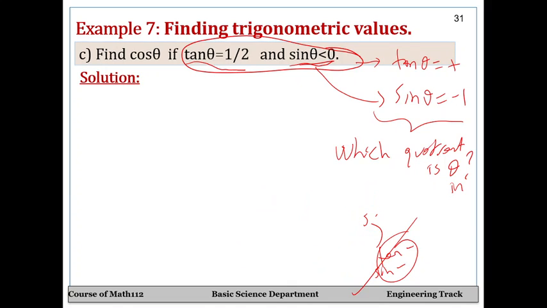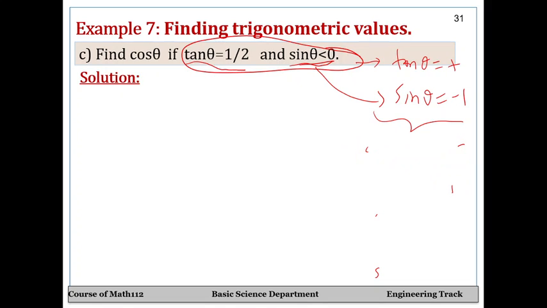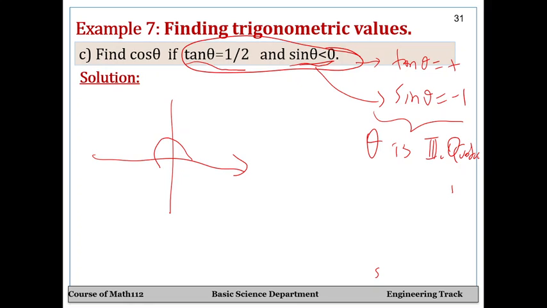So first we say theta is in third quadrant. Okay, then we can start doing this. Third quadrant, we have this. Let's say this is alpha, this is our theta.